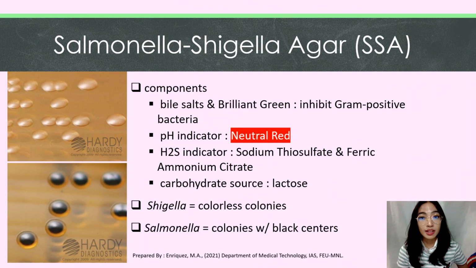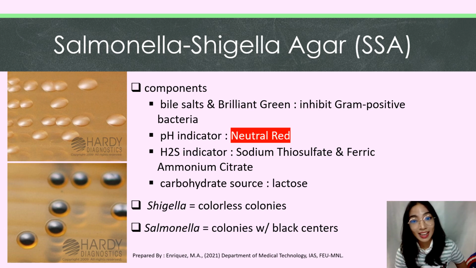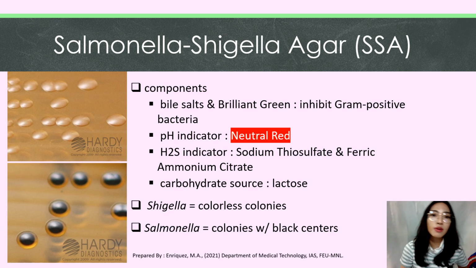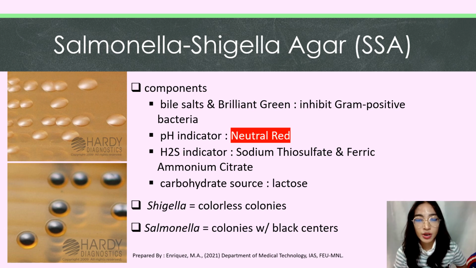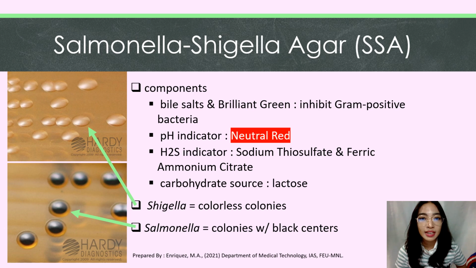Next is the Salmonella Shigella agar, specifically formulated to differentiate Salmonella and Shigella species from other enteric bacteria. Here are its components, and here is what Salmonella and Shigella would look like. This is the fish eye colonies that we mentioned earlier.